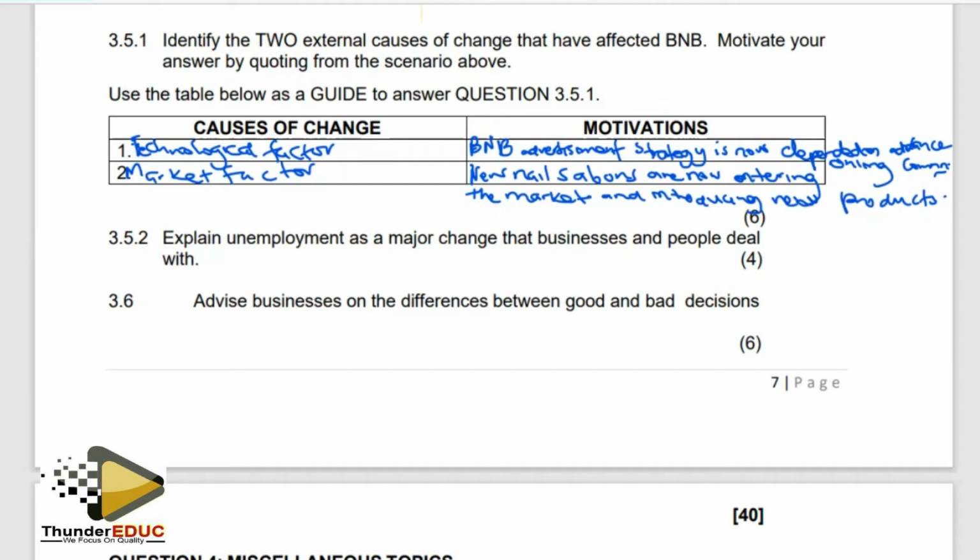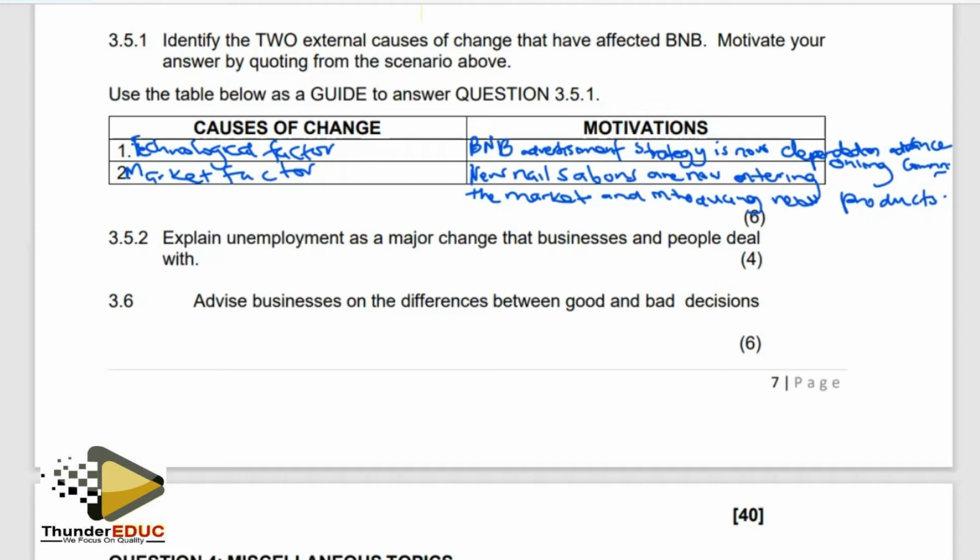Look at this. Okay. Unemployment is a situation whereby an employee loses his or her job because he has been fired, or he quits his job. That's what we call unemployment. Unemployment can be as a result of retrenchment.